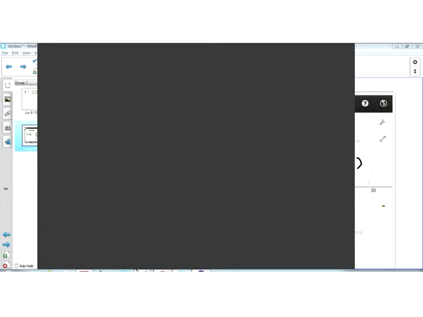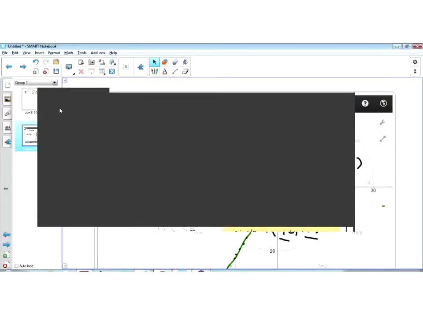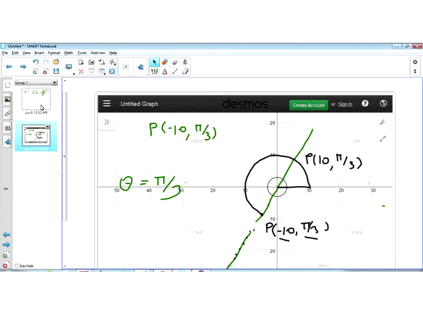With more complicated functions, of course, you want to try not to rely so much on function tables. So for topic 3, let's talk about the graph of r equals 2 sine theta, because there is a generalization that we can make when graphing sine functions and cosine functions in the polar plane.